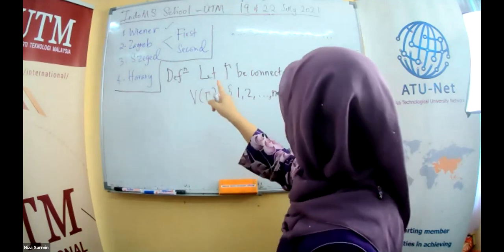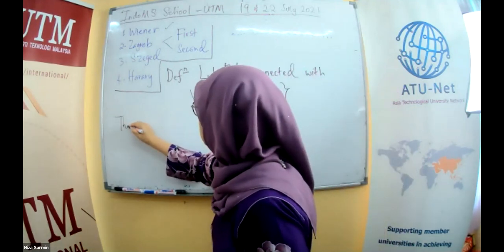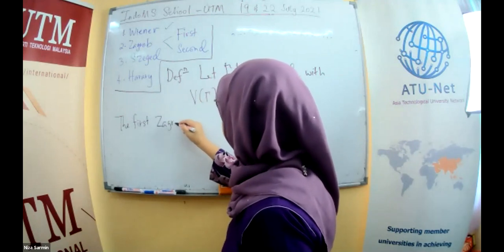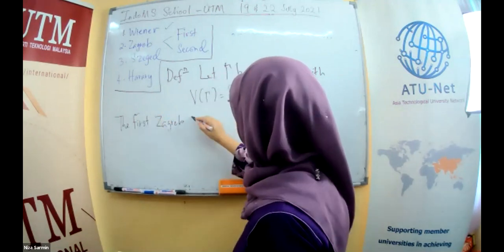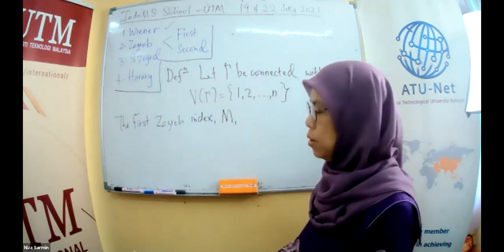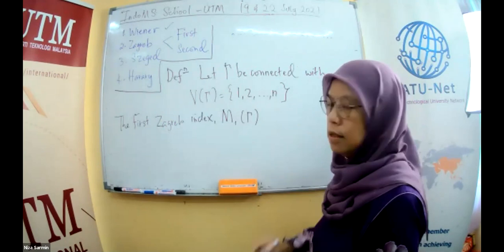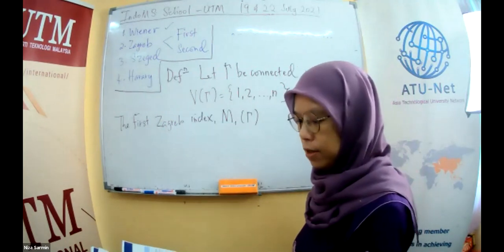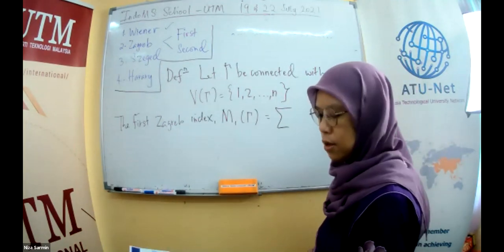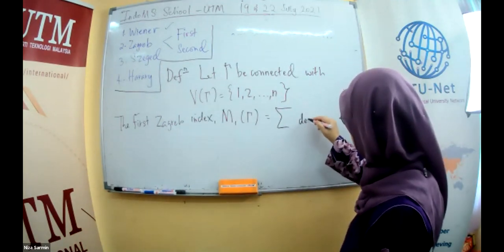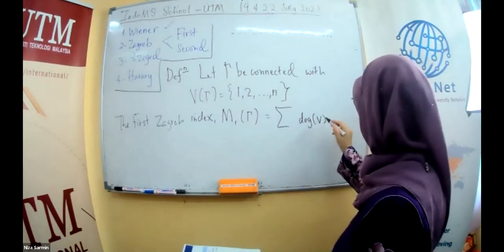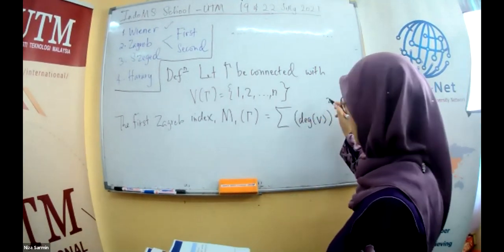Now the first Zagreb index, we call it M1 of the graph. Okay, this is the sum of the degree of each vertex squared.